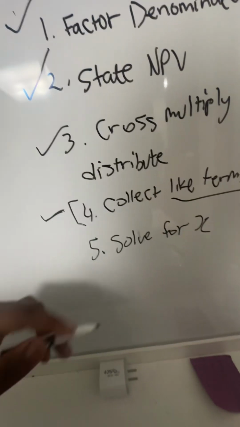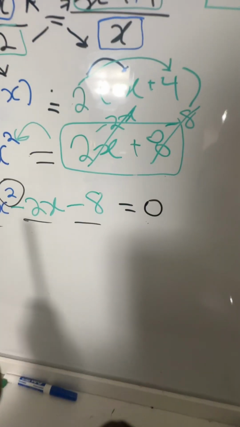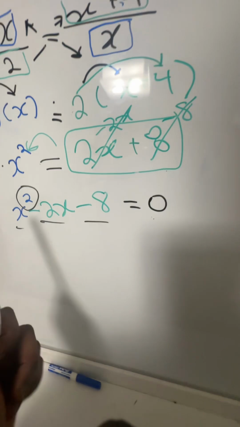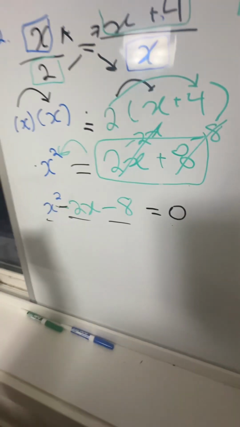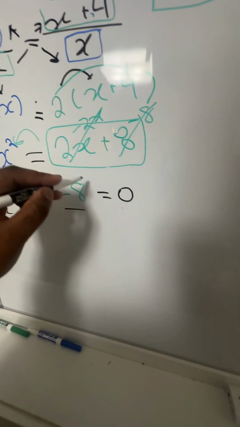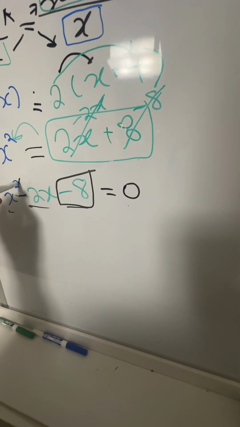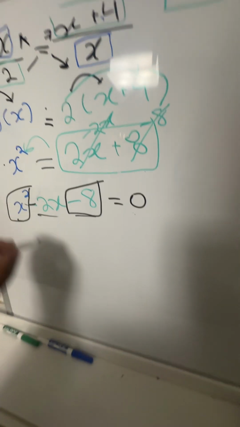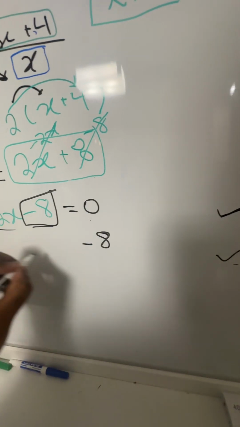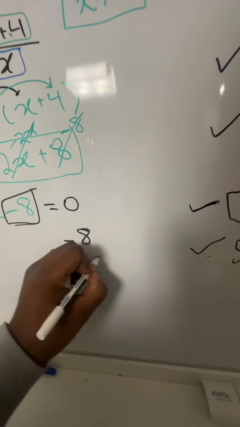So the 5 is solve for x. I don't know if you did quadratic formula, but you can use a quadratic formula to solve for x. Or for this one, you can use the sum product method. Essentially, I'm going to use the sum product method because it's very quick. But basically, what multiplies to -8 but adds to -2?